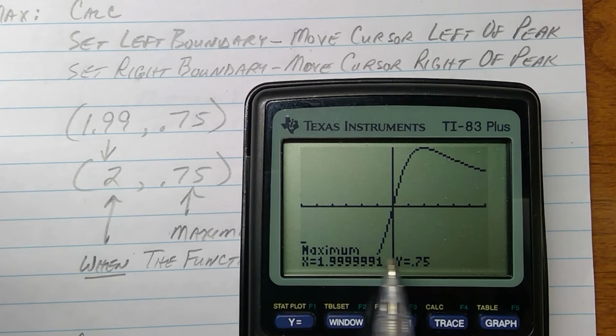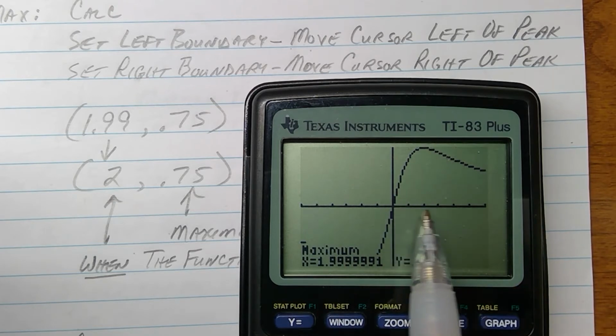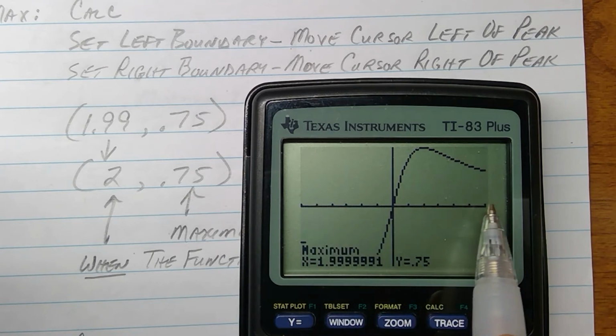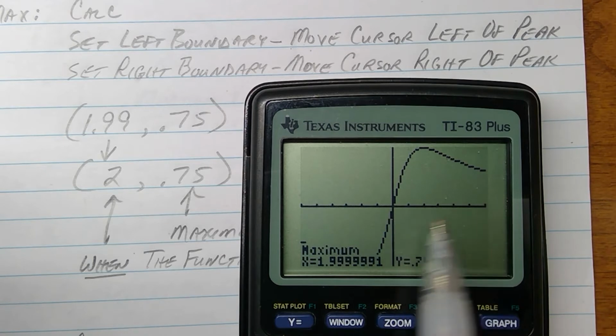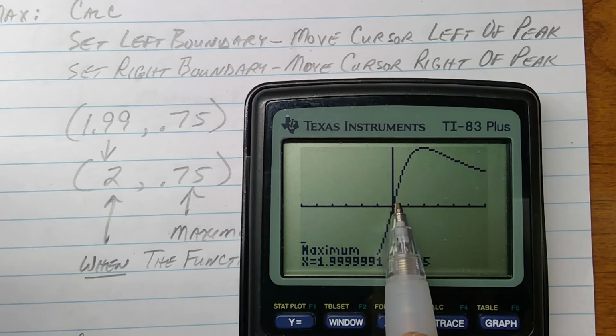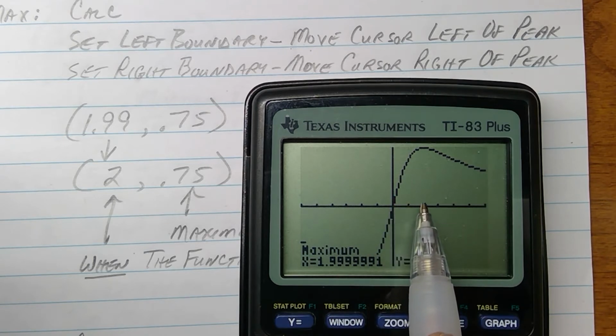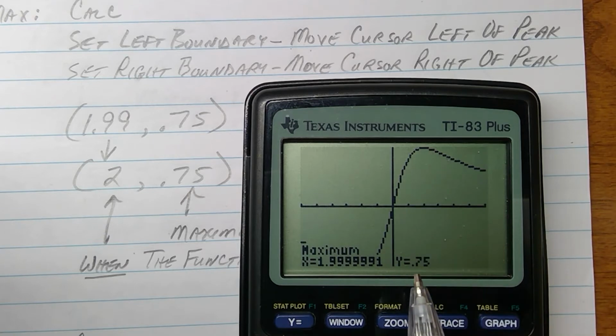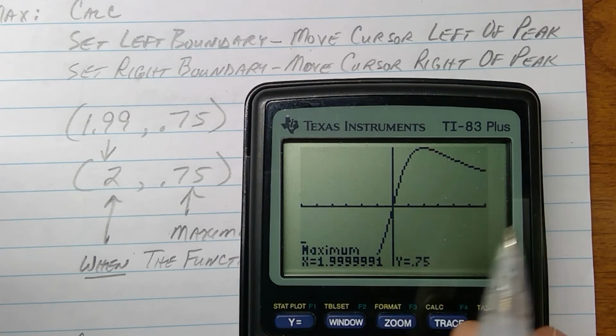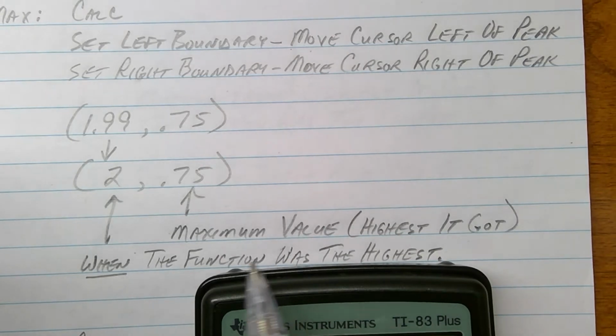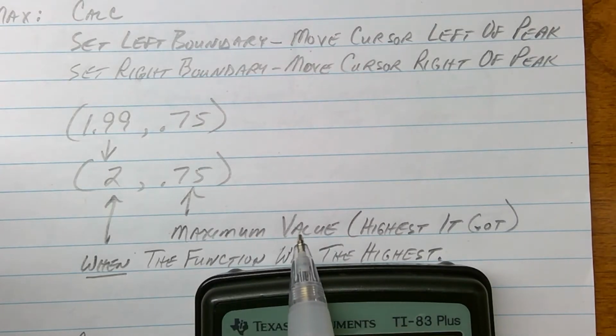Now what are they asking for? Well, it depends. If they say, when did you get to the top? They're asking for the x number, the 2. Anytime they say when, they're asking what was the x coordinate. So let's say after 2 minutes, I was at the top of the roller coaster. And maybe they say, well, how high were you? When they say how high were you, they're asking for the maximum value.